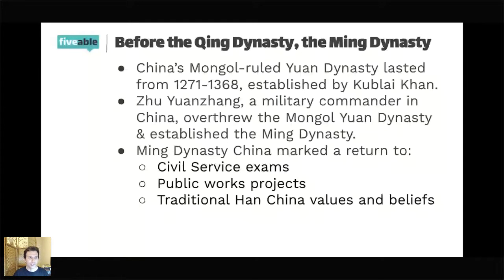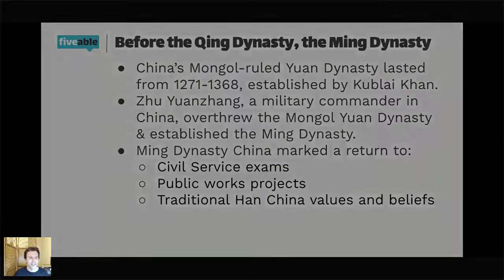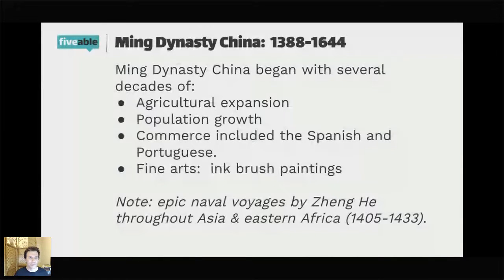You're going to see a reintroduction of civil service exams, public works projects like you saw in previous Han-dominated China areas, and traditional Han China values and beliefs. The Ming dynasty begins with several decades of massive agricultural expansion.